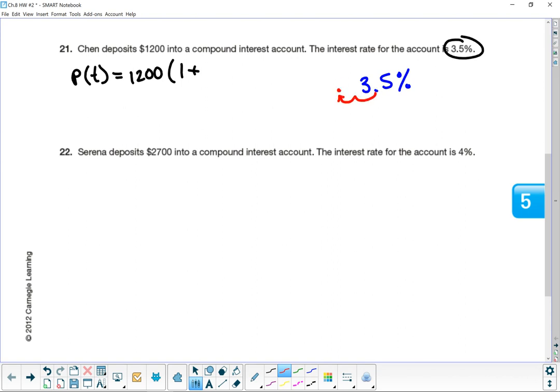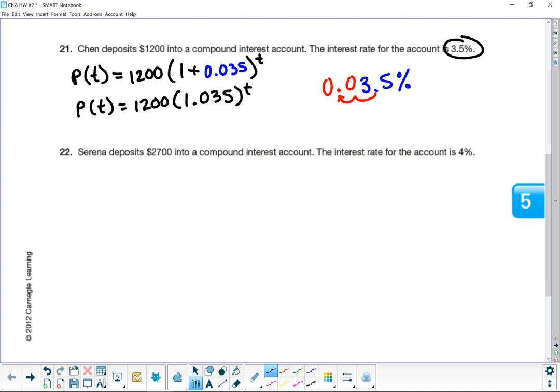This one's a little different, that's why I'm doing it. You're going to get 0.035. So that's what you're going to add, and you're going to take that to the t power. So you finally end up with P of t equals 1,200, parentheses 1.035 to the t power.